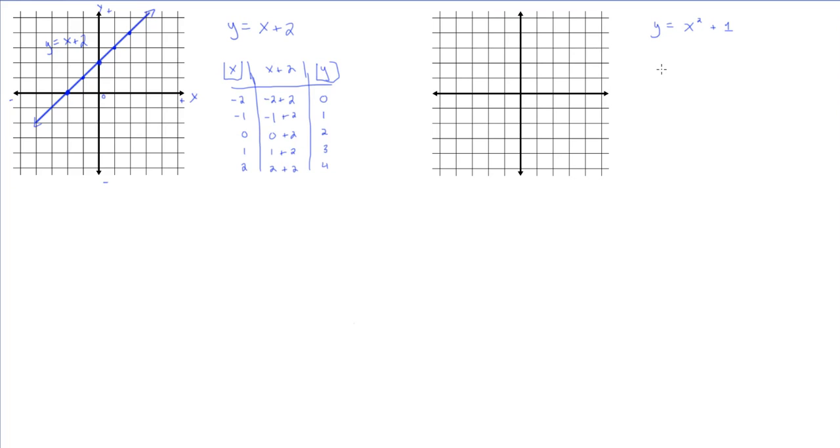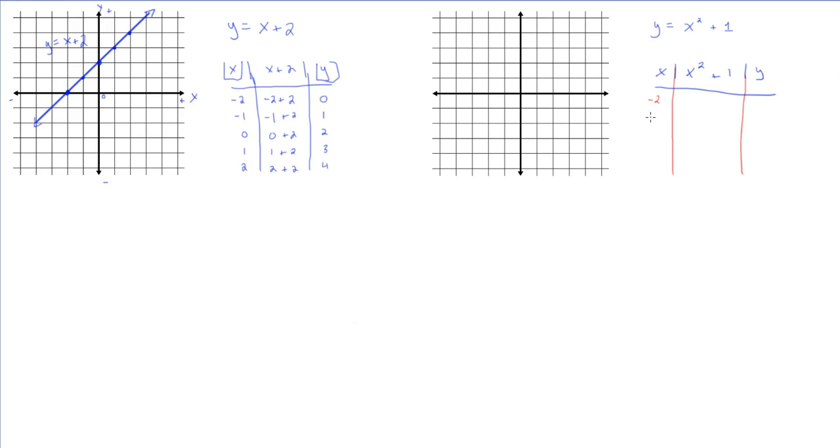So we have our x, we have x squared plus 1, and then we have y. We can do this in a different color. Well, we can do it in the same color, I guess. I like different colors though. We're going to stay with the same values.